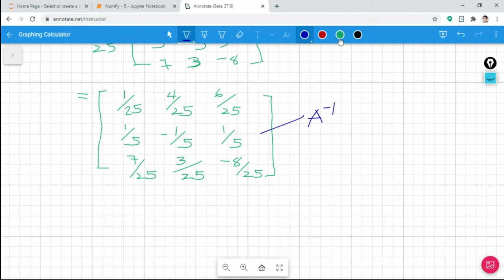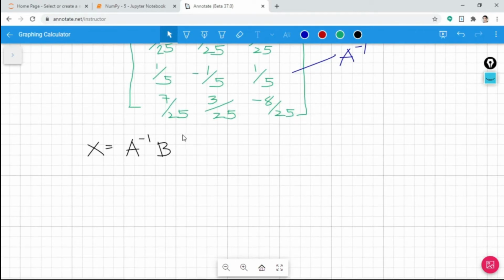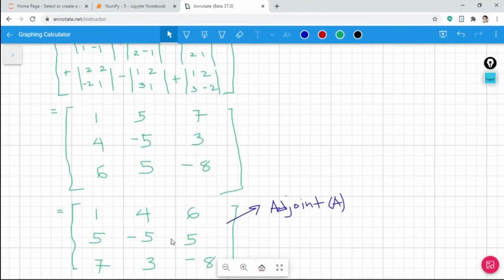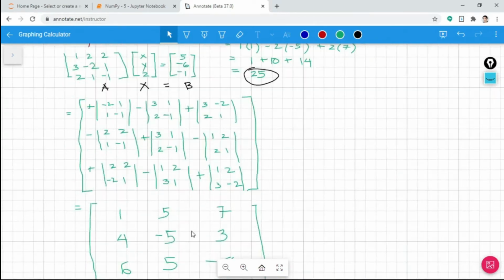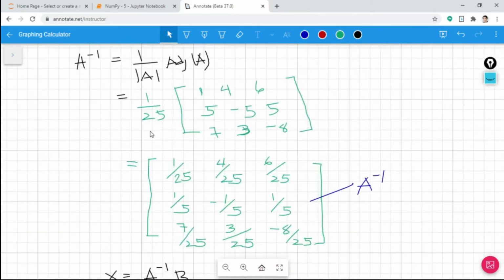By the way, this is already the inverse of the matrix, but these are not the solutions. In order to find the solution, remember our value of x will be the inverse multiplied by b. If I remember, our b is 5, negative 6, and negative 1. So let's do that.